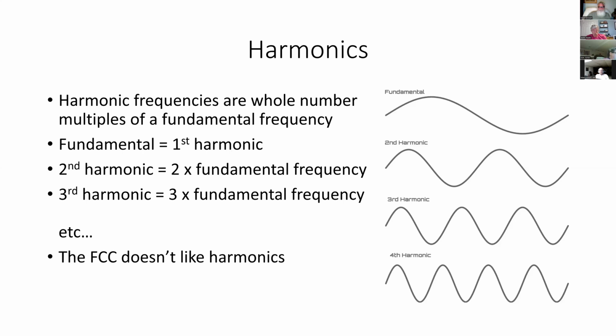So the idea is that your modulation is clean. In other words, it doesn't introduce harmonics of your voice frequencies, and the transmitter is clean. In other words, it doesn't introduce harmonics of the radio frequencies.